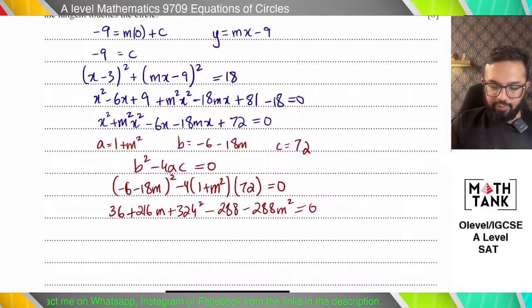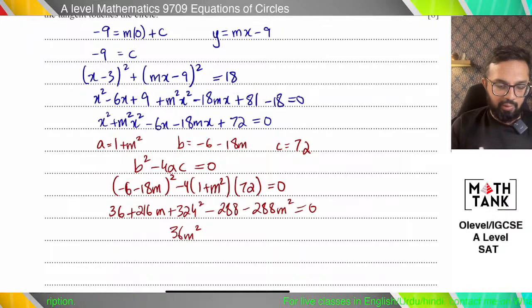So what's 324 minus 288? 36m² plus 216m and 324.